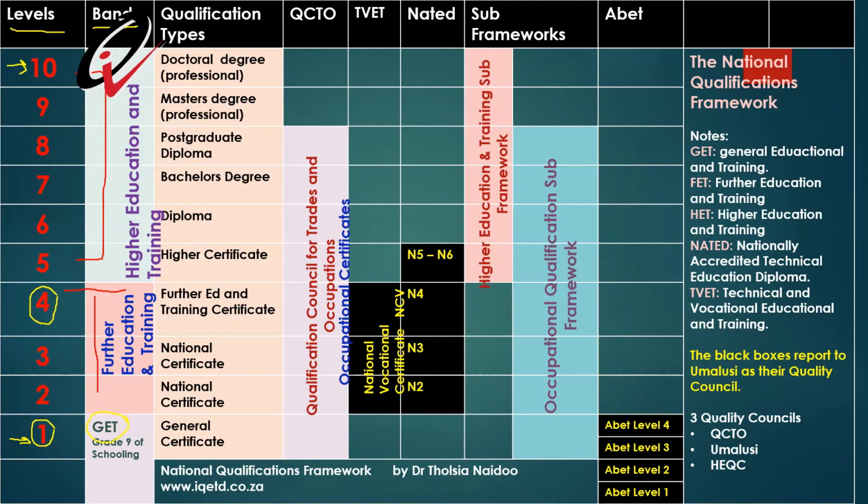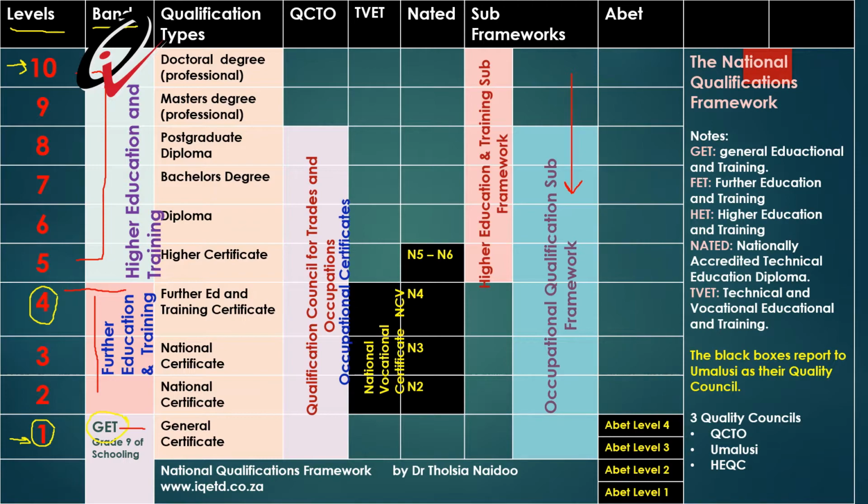Now, perhaps not only the university sector, because as I explained, if you look down the columns within this particular space, you have the QCTO qualifications also falling within the bands 5 to 8 as we currently stand. But generally speaking, all your university qualifications are from level 5 to level 10. So that explains your general education and training certificate, what we mean by further education, and what we mean by your higher education.